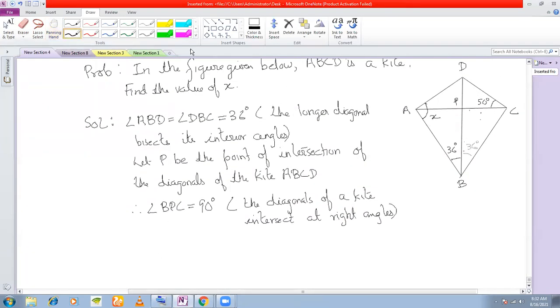So let's mark it in pencil that this is 90 degree. Now we have found 2 angles in the triangle, right? We can find out the third angle.